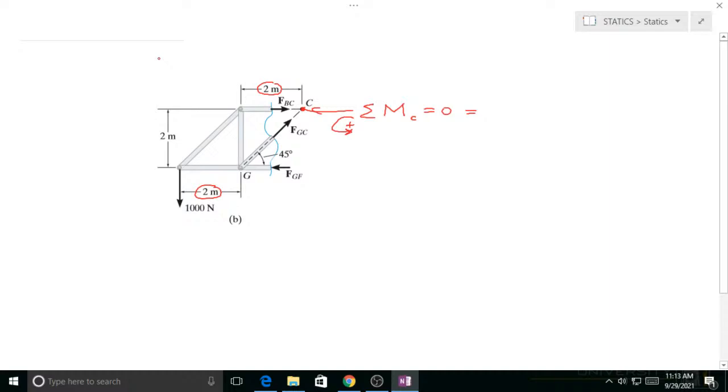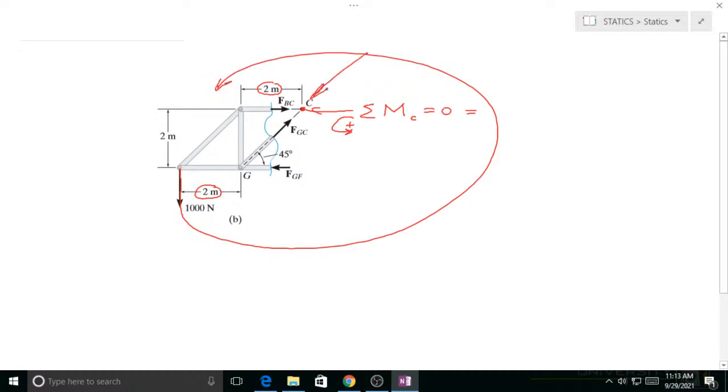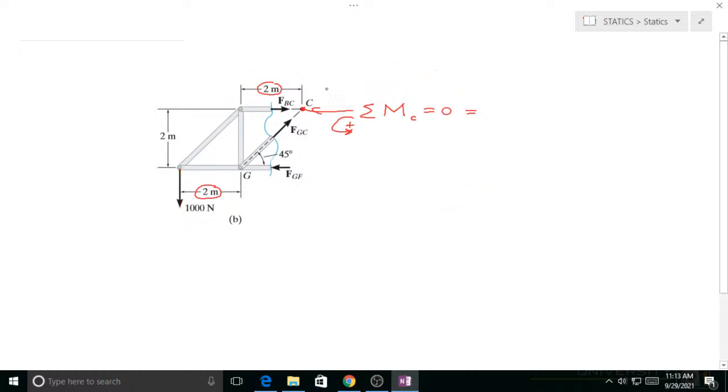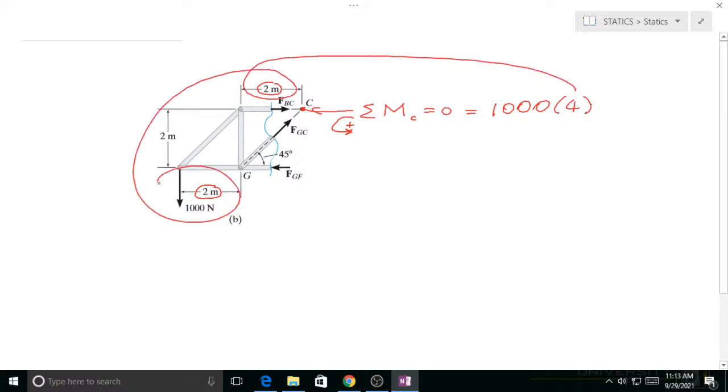The way I like to do it, since I can erase it, this produces a moment that way about that particular point. So that is a positive 1,000 because of that, and it's 4 meters because of that 2 meter and then the other 2 meters.